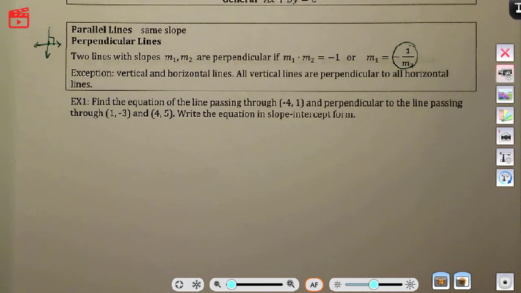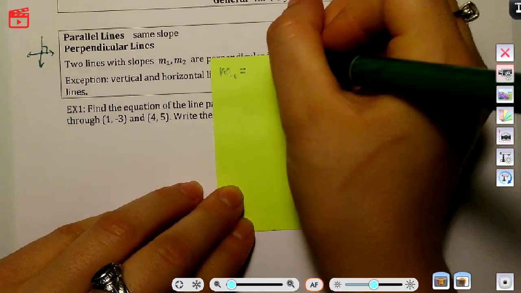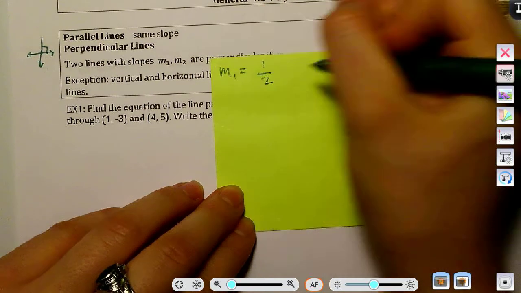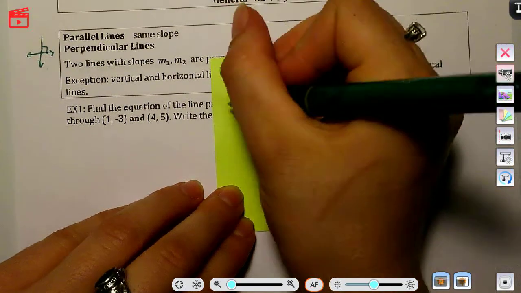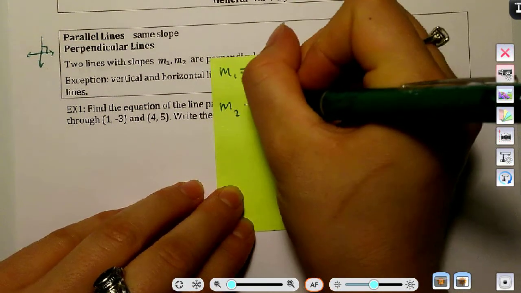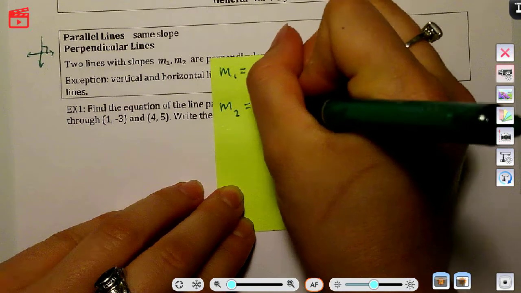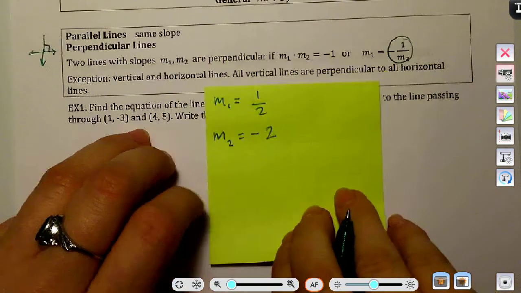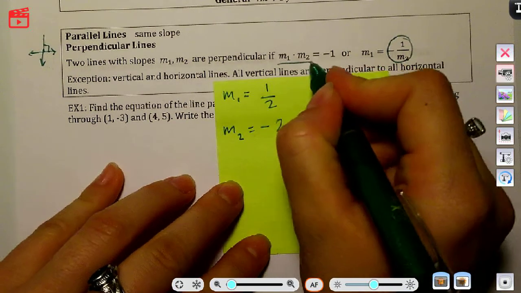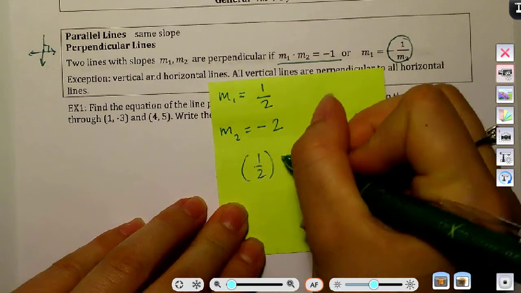Let's take a look at an example of that. So let's say I have one whose slope is a half. Well, what would the opposite reciprocal of a half be? The opposite would be a negative, and the reciprocal of a half would be 2 over 1, or 2. All right, so let's go ahead and check that they actually are perpendicular. We're going to use this: let's multiply the two of them together, so m1 times m2.